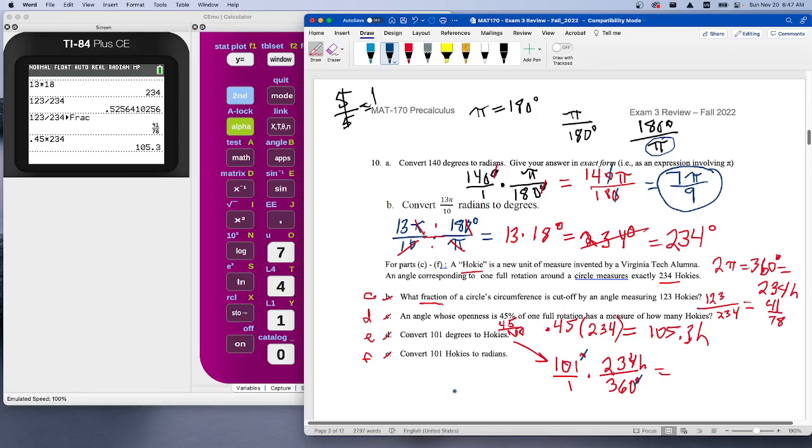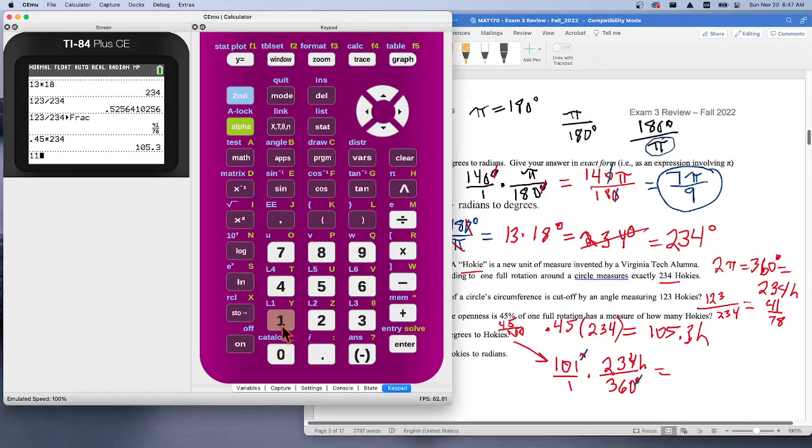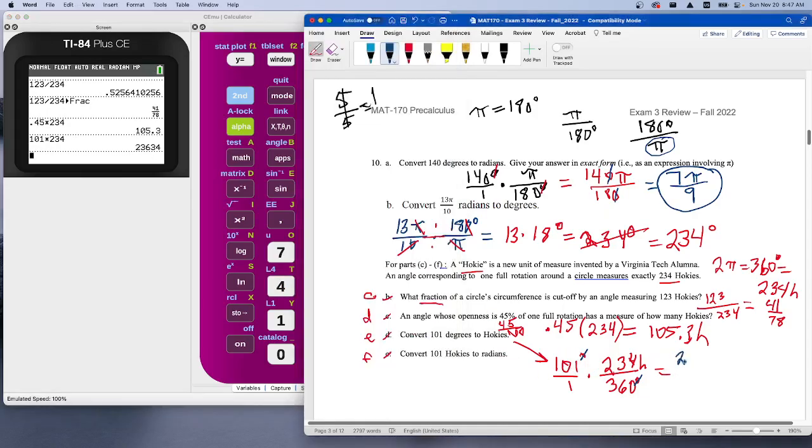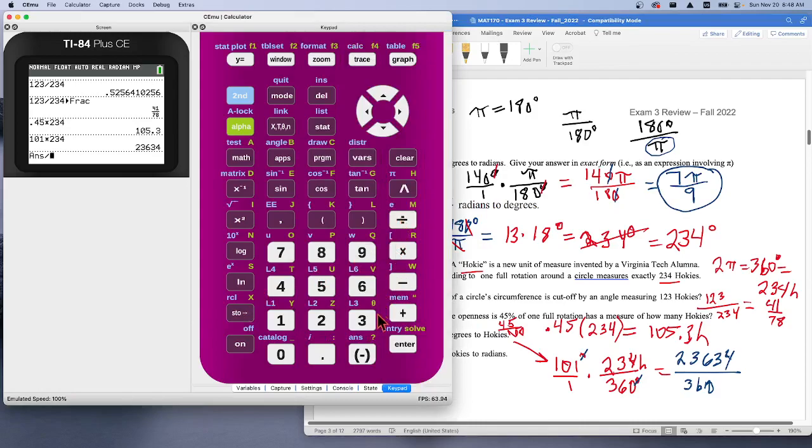So 101 times 234 gives us 23,634 divided by 360. Notice the degrees are gone, so we just divide our answer by 360, and we get 65.65 Hokies.